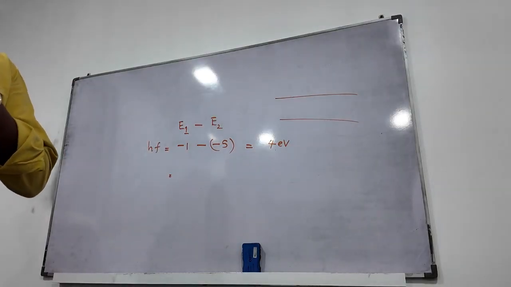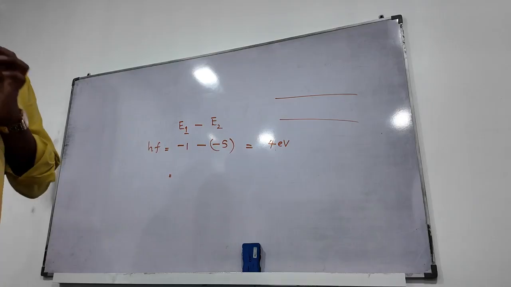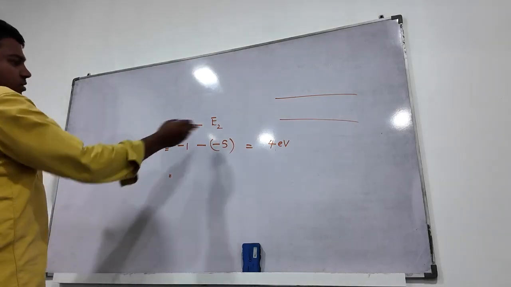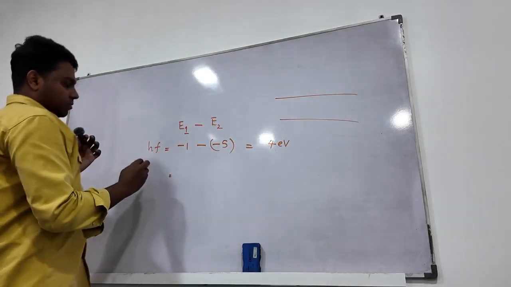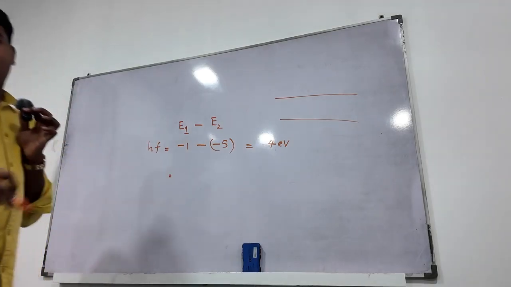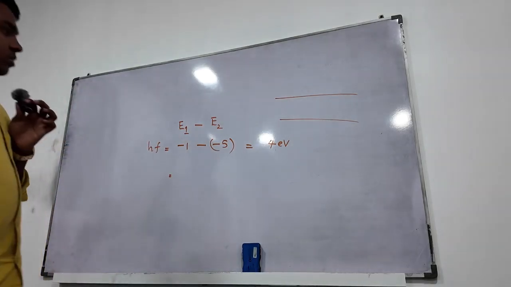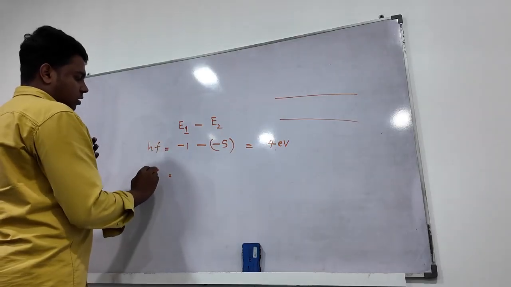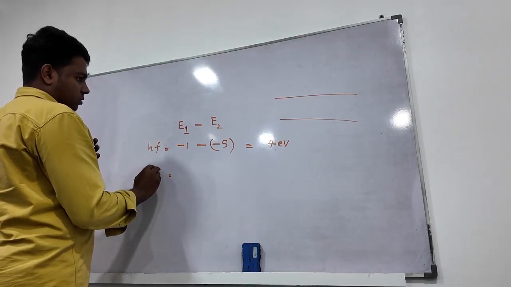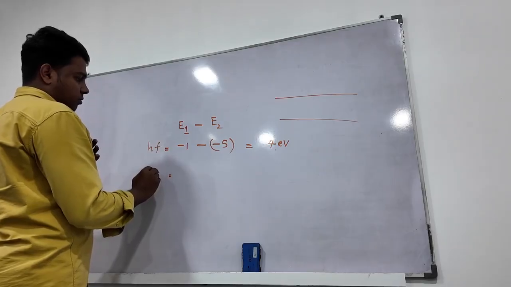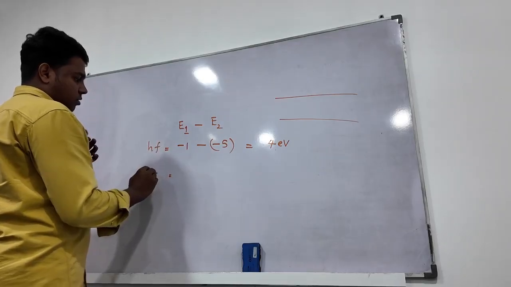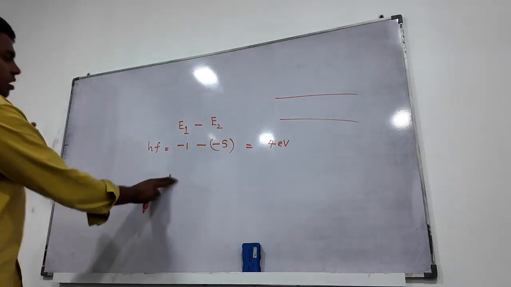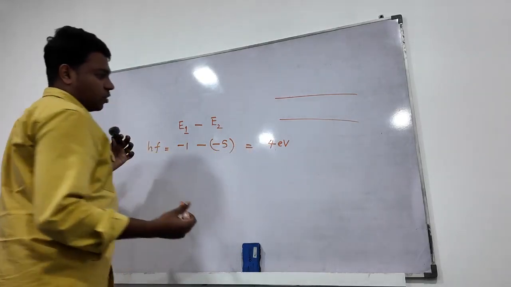Then for 4 electron volts, HF equals 4 electron volts.